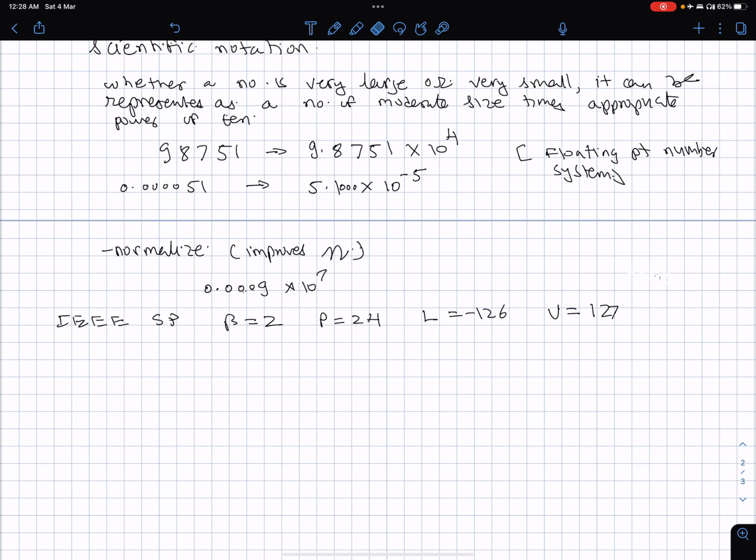Now, prior to IEEE standardizing it, computers were using different kinds of systems. For example, the HP calculator, as I said, uses 10, the IBM mainframe was using 16, and Cray uses 2. Precision in an IBM mainframe was 6, and the Cray computer had 48, and so on.